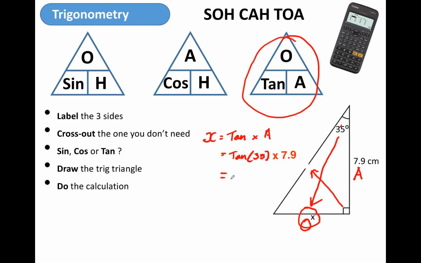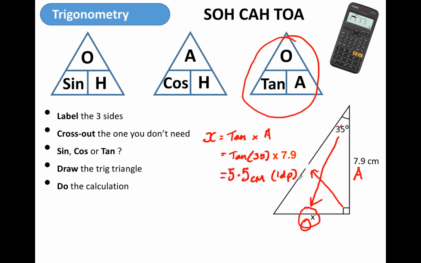Okay, so you get your calculator and you type it in, make sure you got a scientific one, press tan, put in 35, and on mine I need to shut the bracket after it as well, and then times it by my adjacent side, which was 7.9, which is 5 point, I'm going to do this to 1 decimal place, so if I round it up, that's 5.5 centimeters, and I did that to 1 dp.